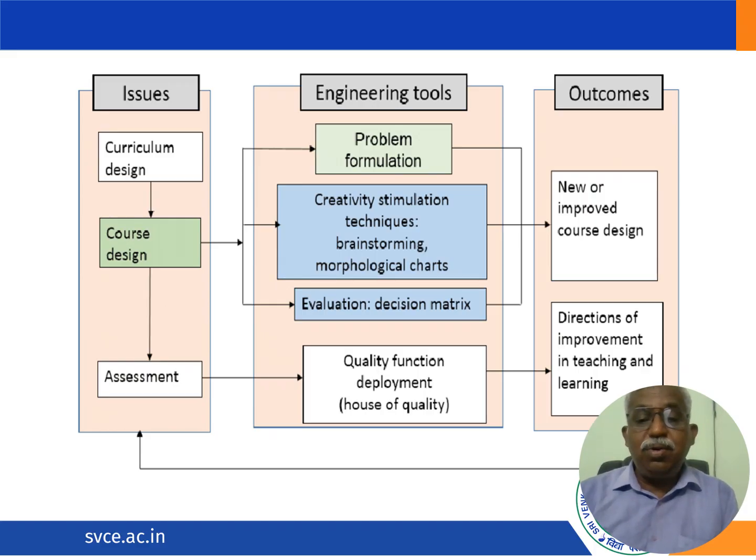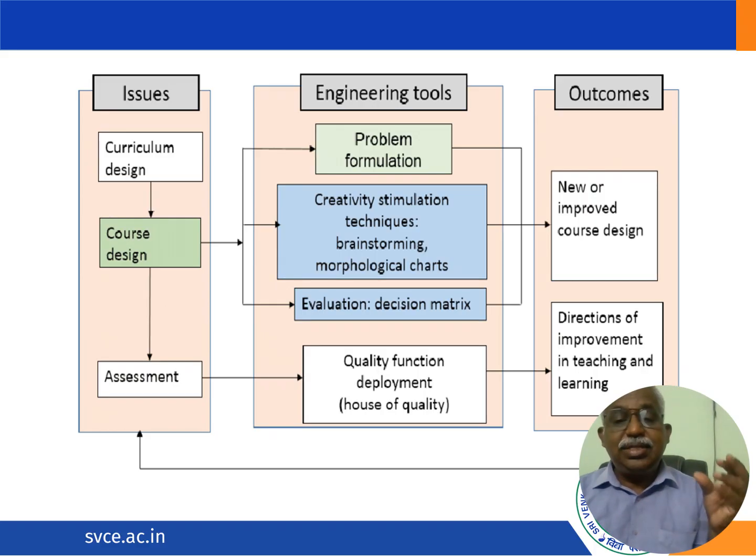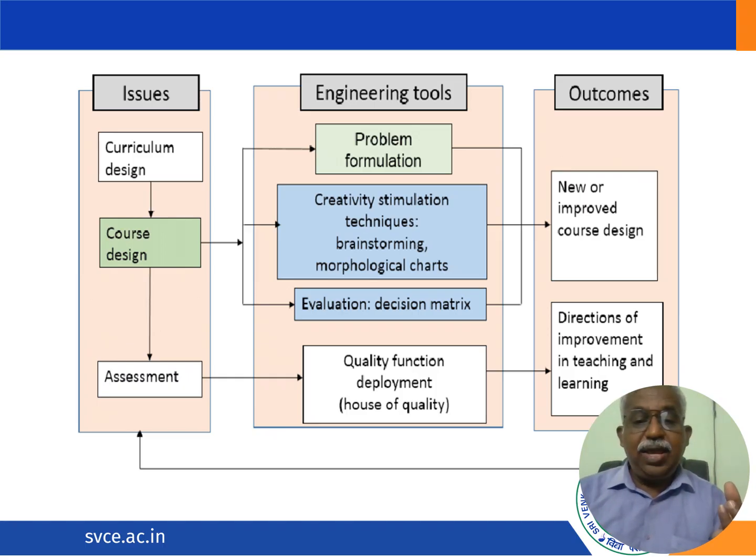In the first semester we have basic science and engineering, which covers physics, mathematics, chemistry, and basic engineering subjects like electrical, electronics, mechanical, and computer programming. This is basic science and engineering for the first year.